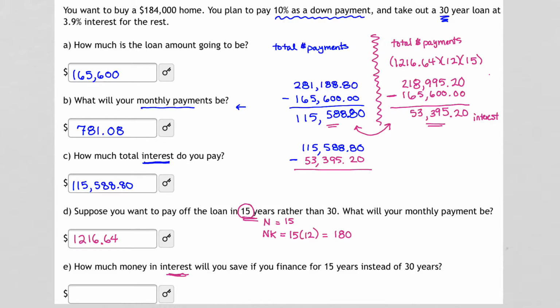When we make that subtraction, we get the total of $62,193.60. That amount is the difference in interest between those two. That amount goes in our last box E. $62,193.60. That's the amount of interest we would save if we financed for 15 years instead of 30.